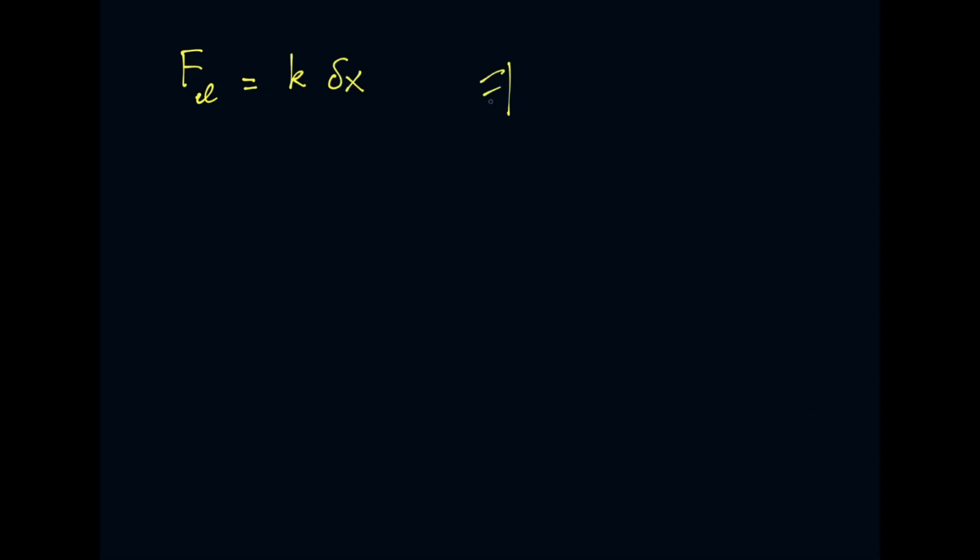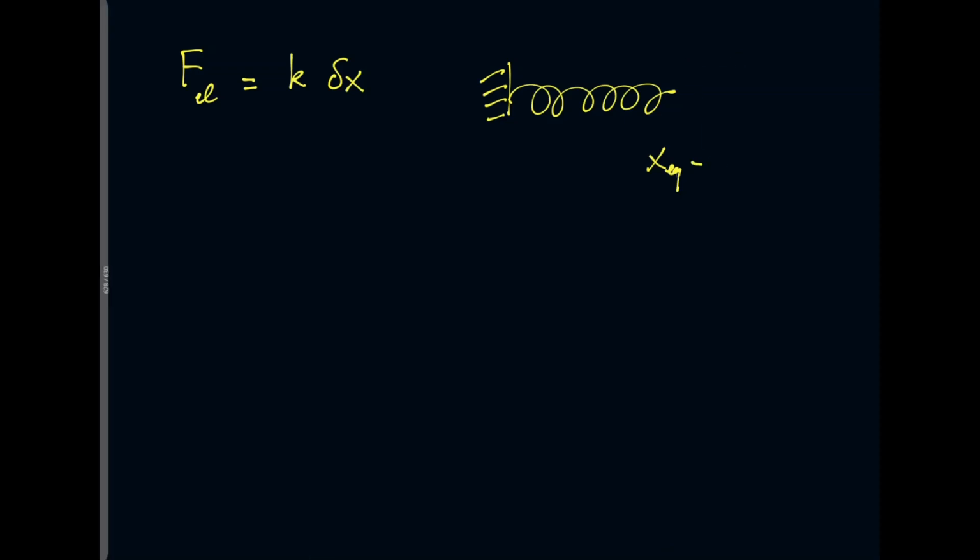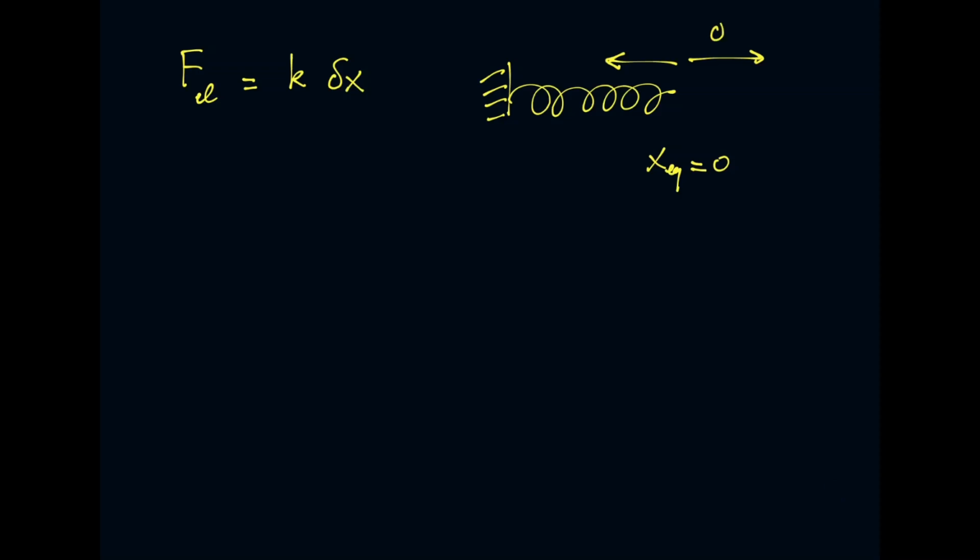If you have a spring, this is well known, certain equilibrium position that I tend to define to zero. If I displace the spring by a certain delta x, then the force that the spring exerts on me is precisely K, the spring constant, times delta x.